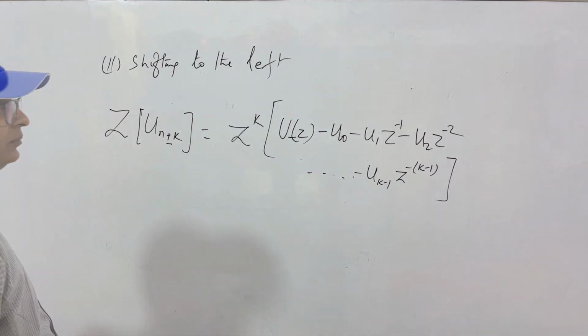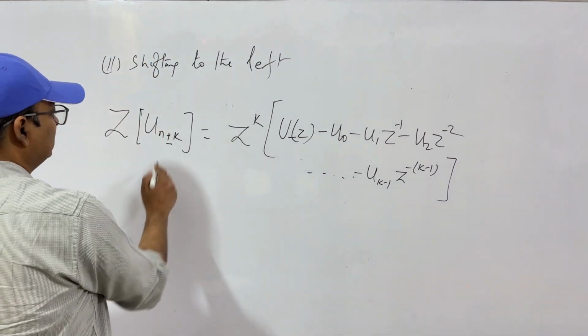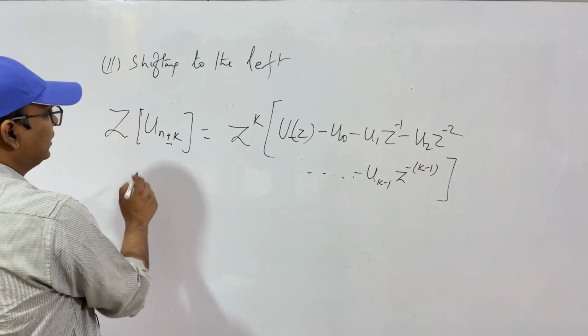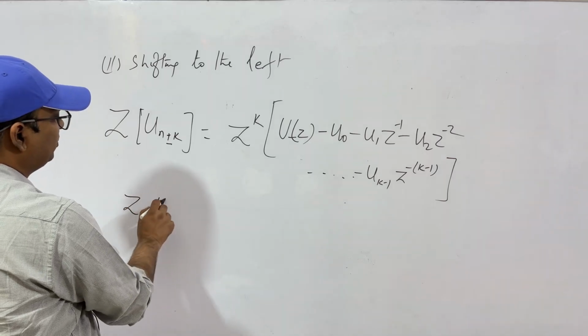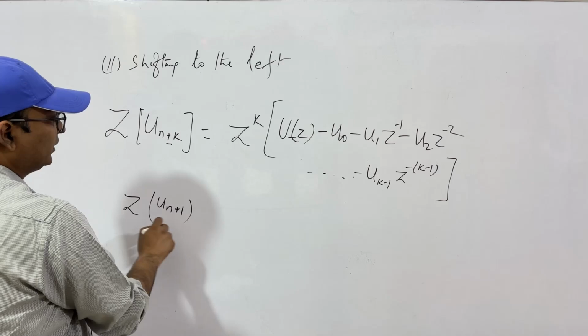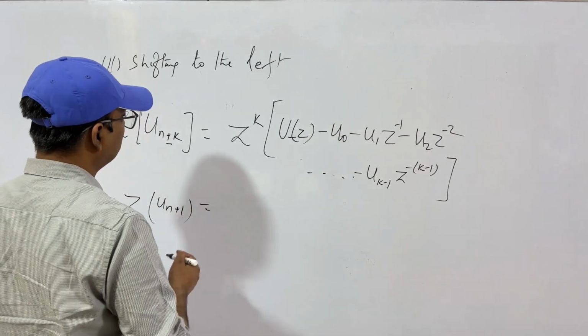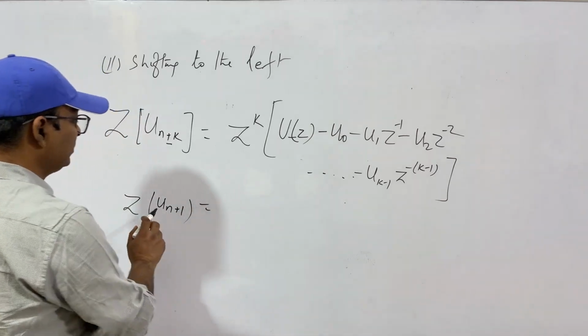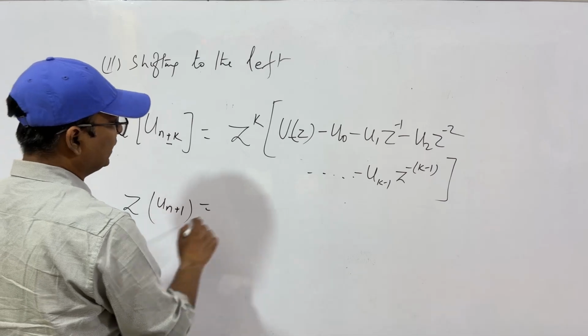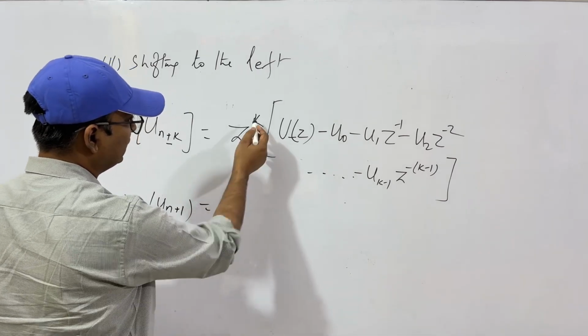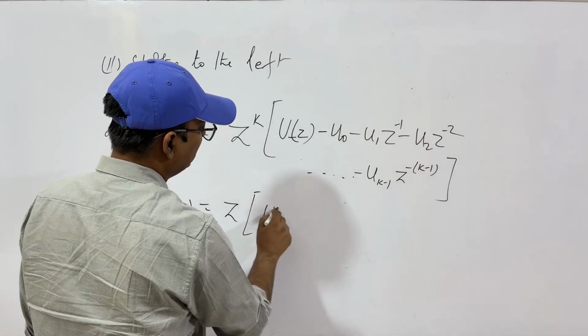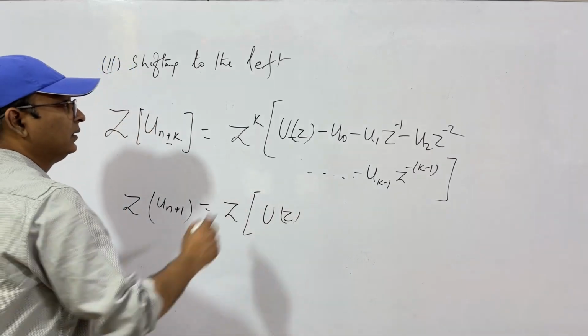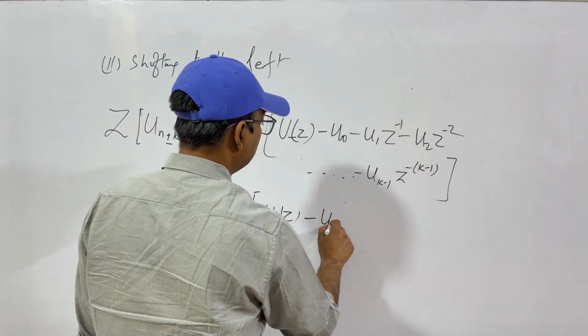Some important results. Let's do it now. What will be for u(n plus 1)? These are some very frequently used results. So Z of u(n plus 1) will be, with k equal to 1, z U(z) minus z u0.